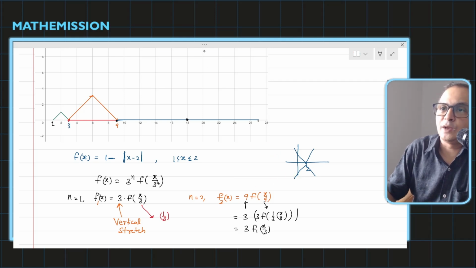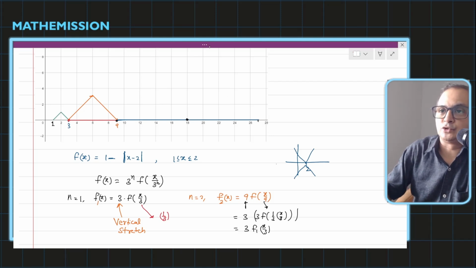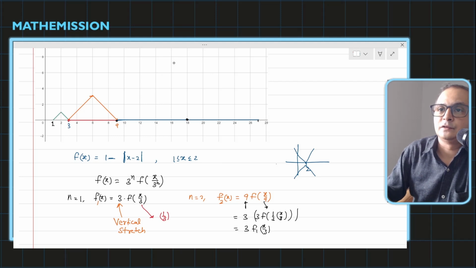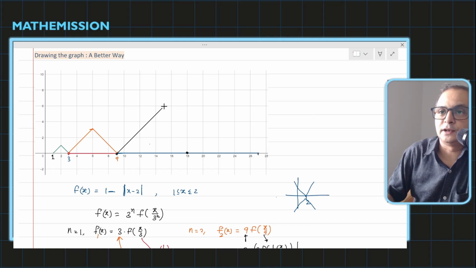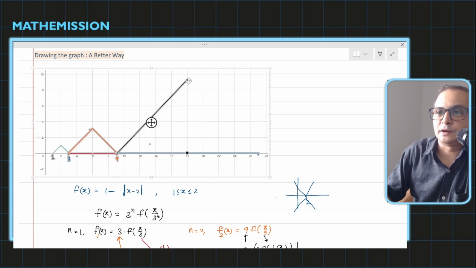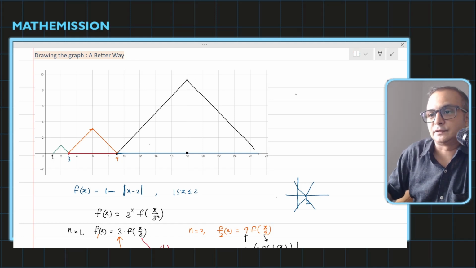It means it will go to 9. So I have to draw the line which ends at 9. So this will start from here, and it will go till 9. So 9 is somewhere here at 18, and again it will come down, going till 27 like this.